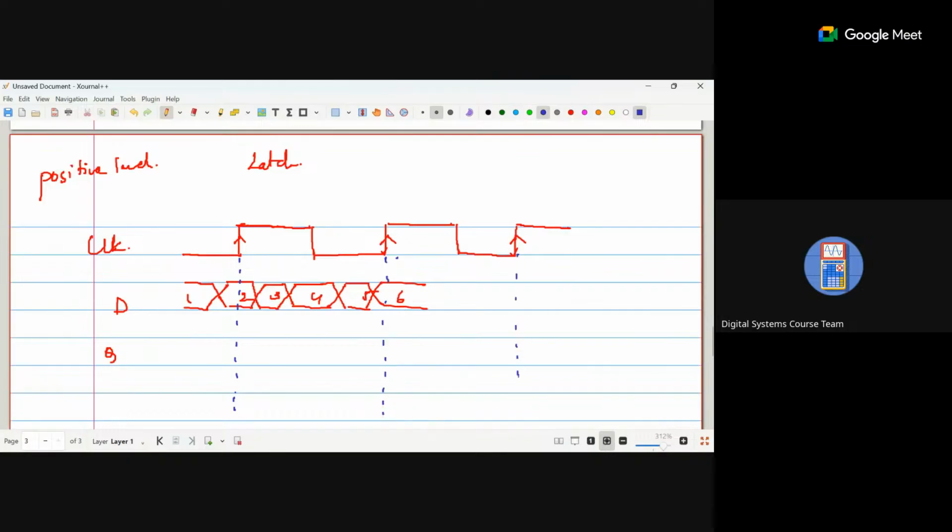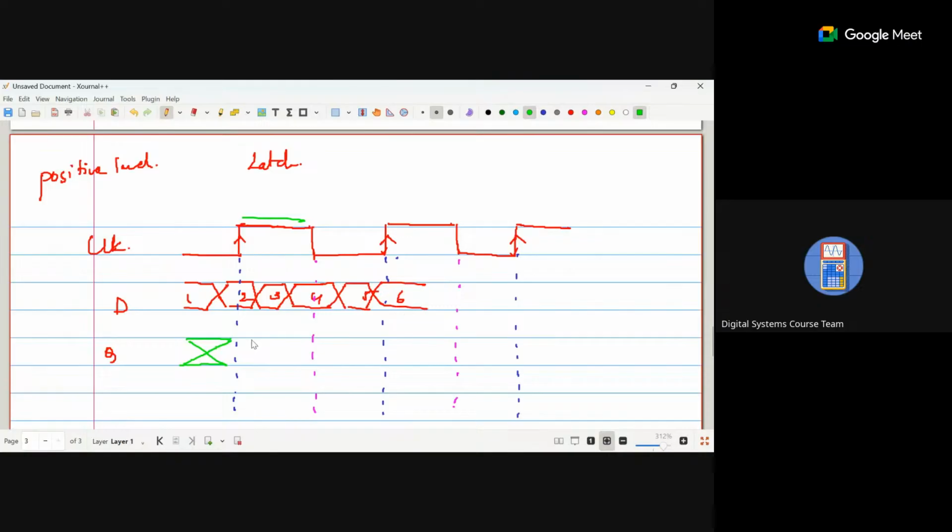For negative, this is where it starts. This is also where negative starts. So now here, initially it will be in a don't care condition.